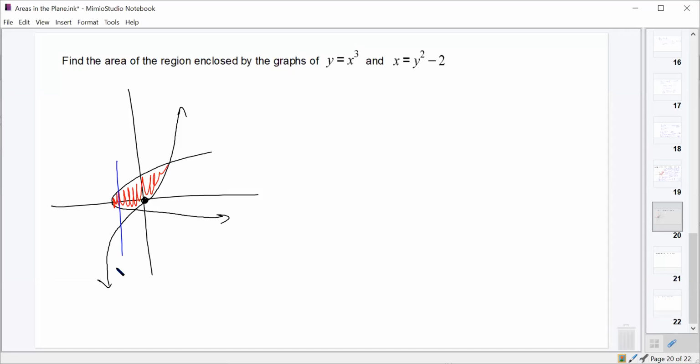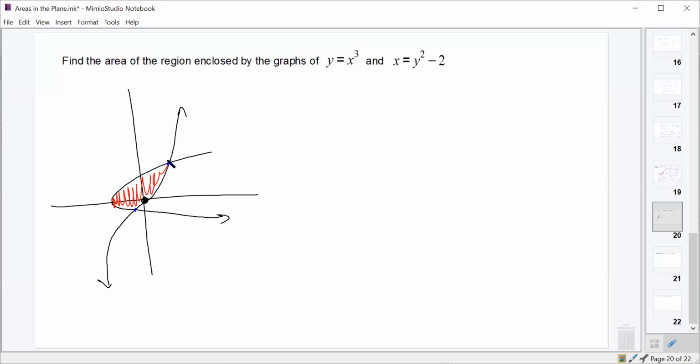the upper and the lower part of the region are bounded by this parabola. Now, there are ways to get around that for this particular problem, but we're going to focus on being able to do this in terms of y. So is there one function that is always to the right of the other function for every y value from here to here? Yes. Which one?